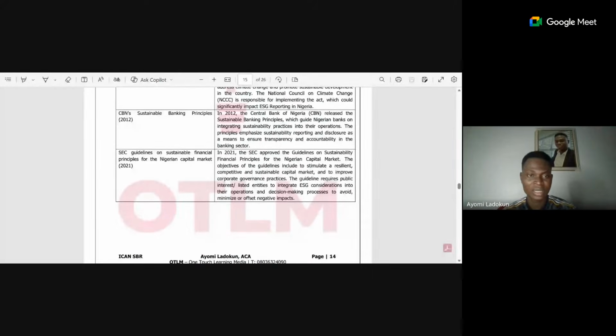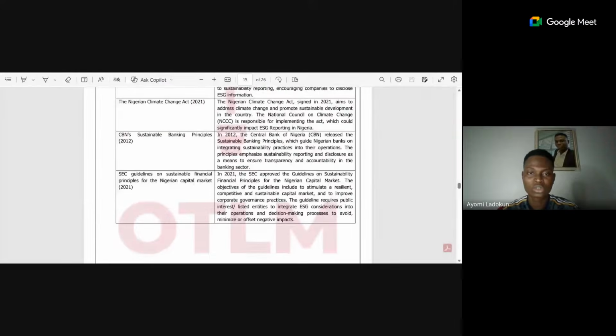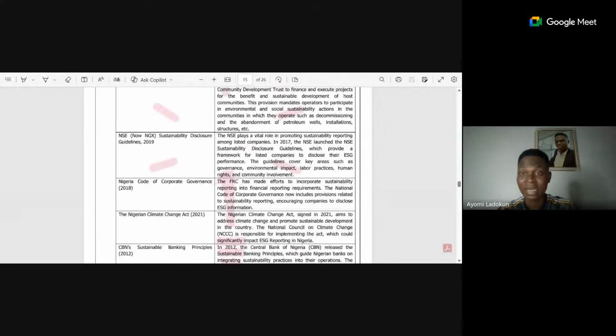I think we mentioned that earlier, but here there are also specific guidelines on sustainable financial principles for the Nigerian capital markets. So why I'm showing you this is in case the examiner asks you, especially in FR, okay, what are the local standards or local requirements or local laws or regulations that support ESG?